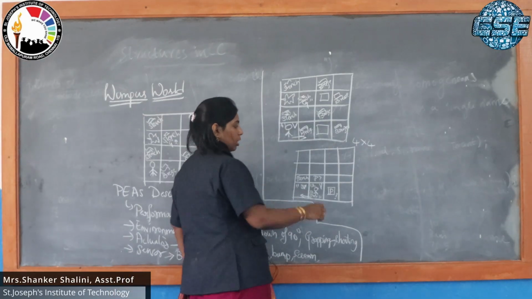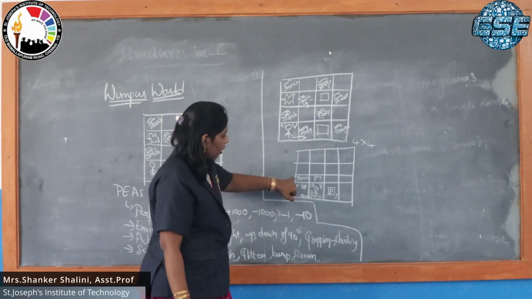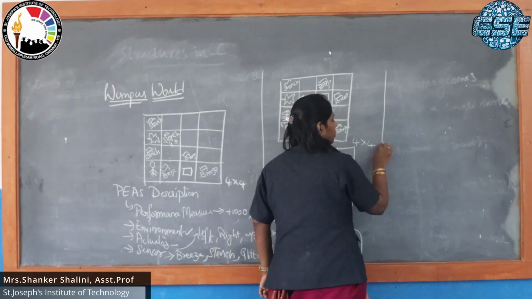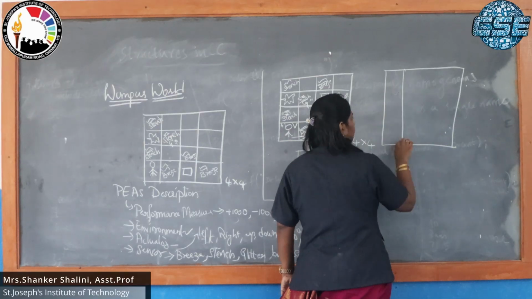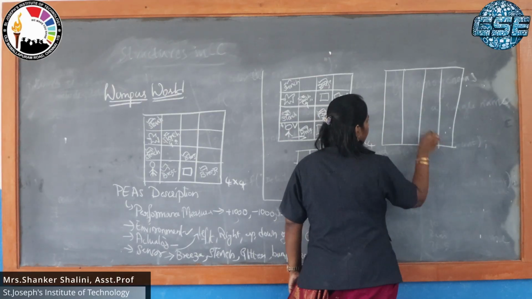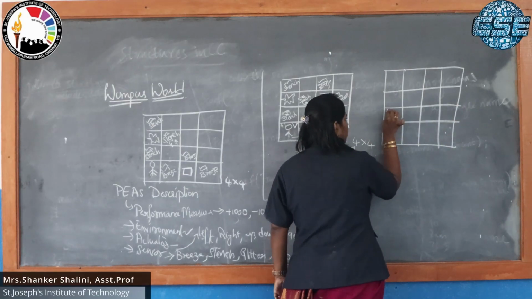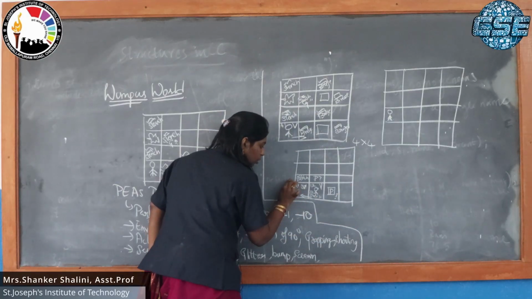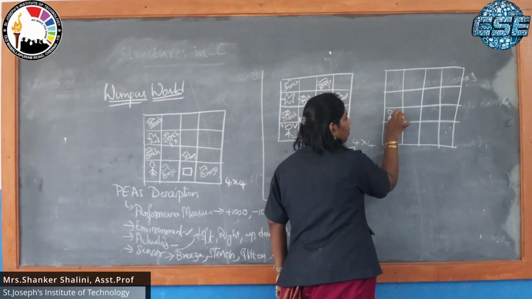So next step, the agent is going to move to 2, 1. The agent is going to move upward and he is going to sit in 2, 1 here.